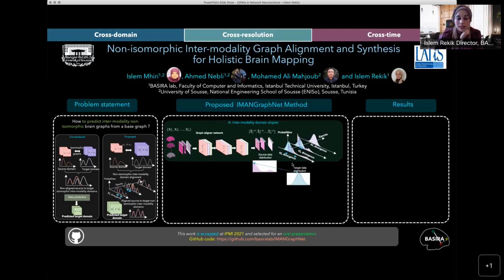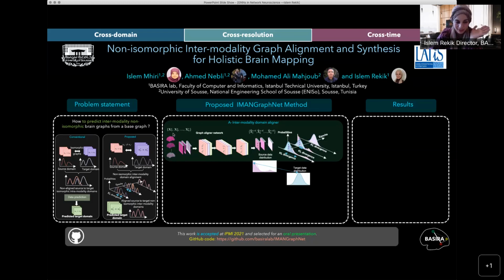Let me explain how the proposed architecture Iman GraphNet works. First, we have a block that we name an intermodality domain aligner. The idea, guys, is actually simple. It's not too difficult, but it was very effective and gave really good results. Here, first we have the X1 to Xn training data, neural subjects.